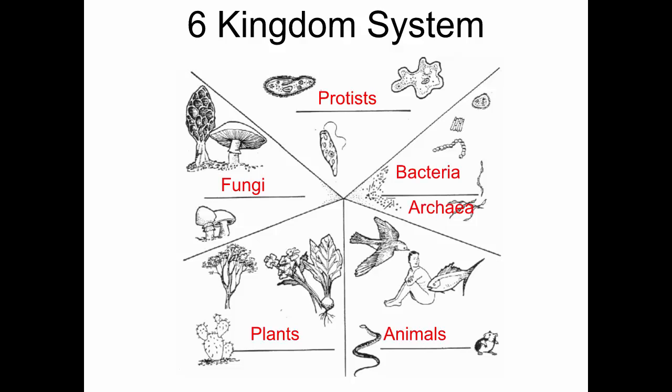Wait, bacteria and Archaea are the same thing? No, they're not the same thing, but this drawing was made before Archaea was used very often. Archaea is actually a pretty new group of organisms that scientists didn't know existed until discovering them under certain extreme conditions. We'll talk about that in a little while.